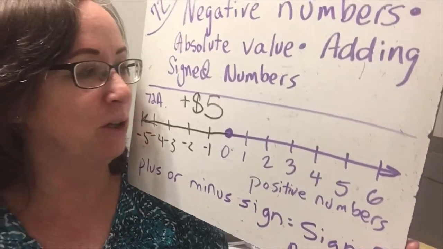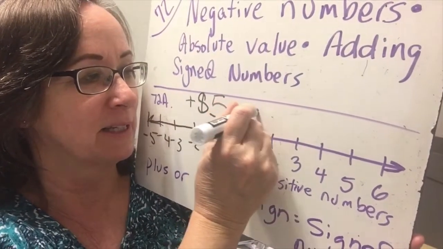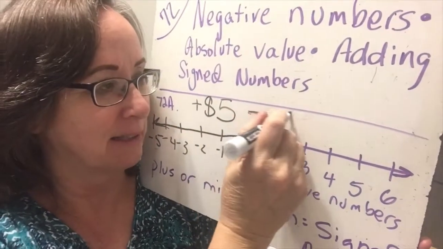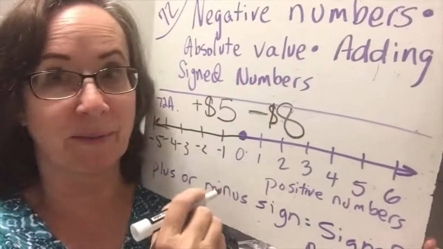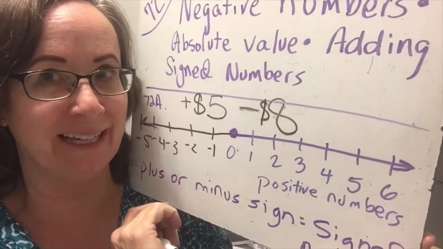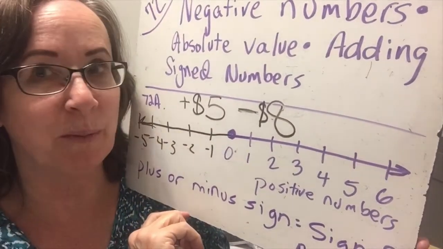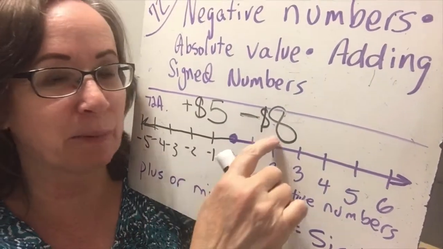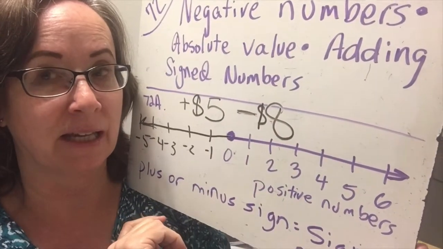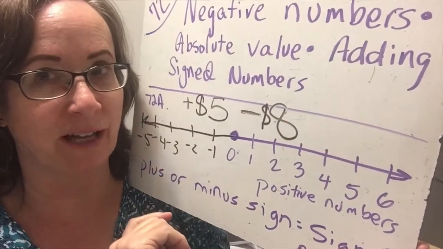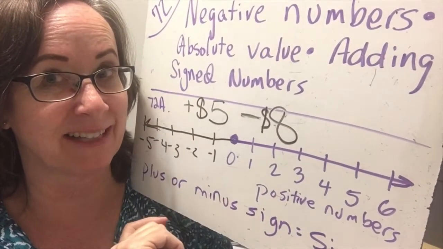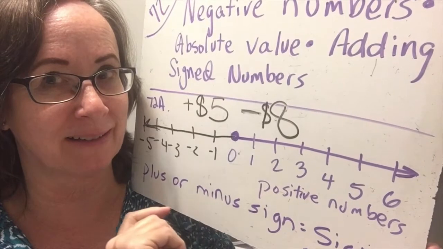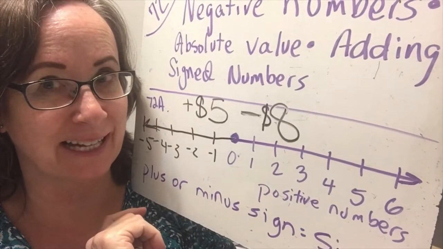So if you were going to subtract the $8 from the $5 that you already have, you would basically be splitting the $8 into the $5 that you already have and the $3 that you're going to owe your mother after the transaction.